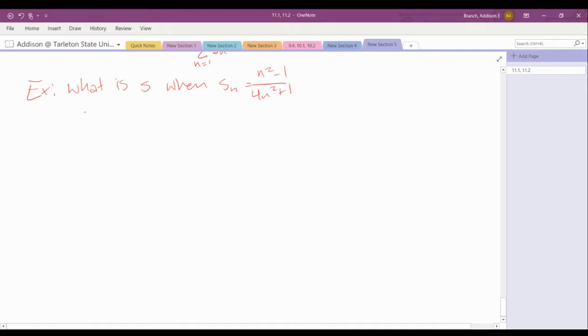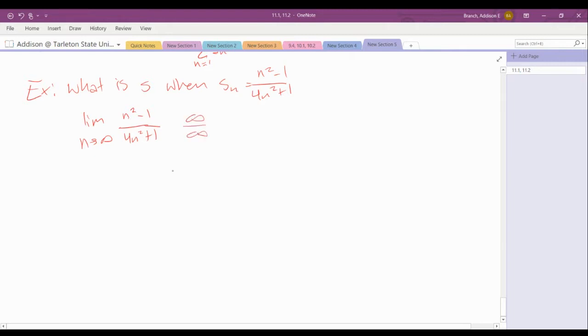We take the limit as n approaches infinity of S sub n, which is n squared minus 1 over 4n squared plus 1.